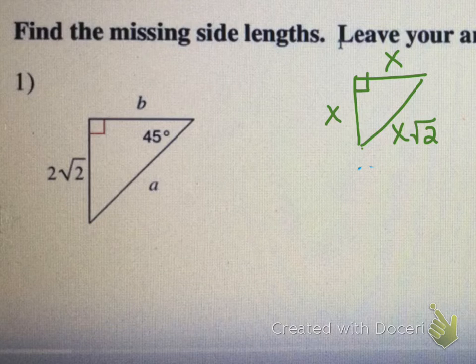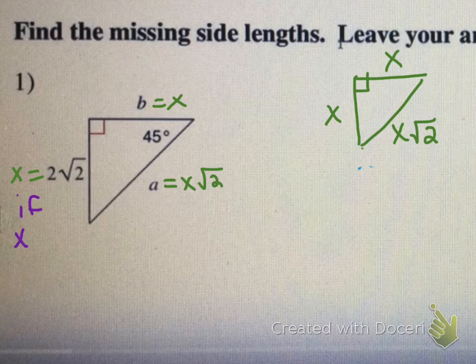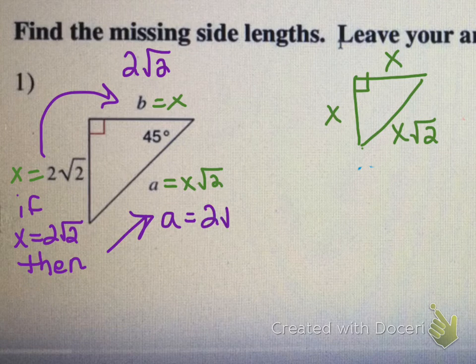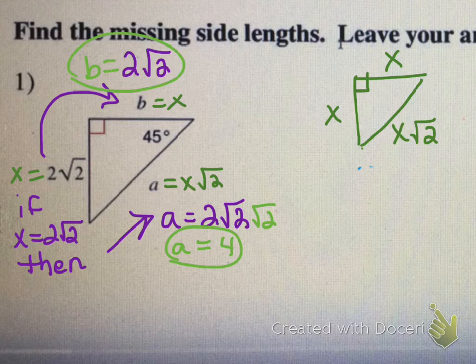I've drawn my template, my special right triangle, and now I'm going to write the dimensions over next to the triangle I'm given. If it's confusing looking at it on the picture, you can draw it separately in a little chart. So if x is 2 square root of 2, then we can solve that by plugging it in.